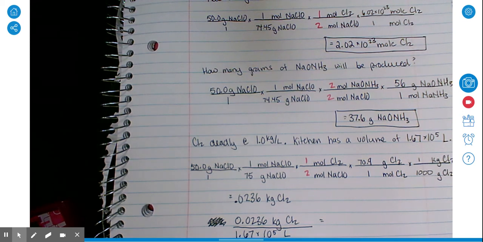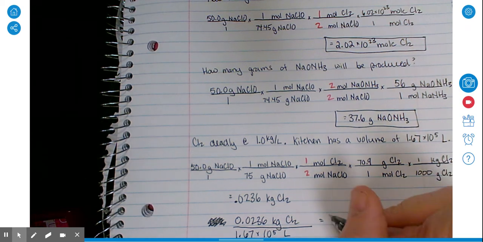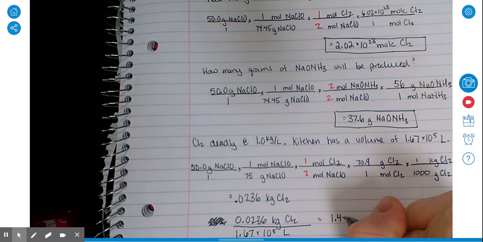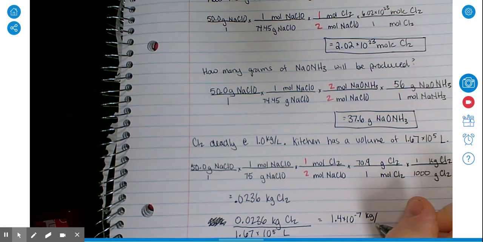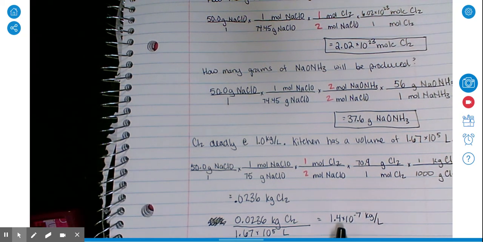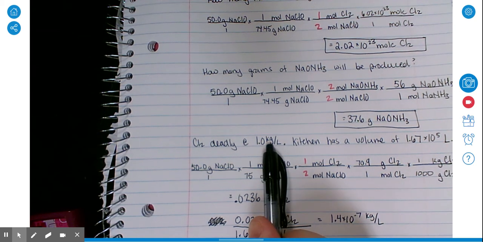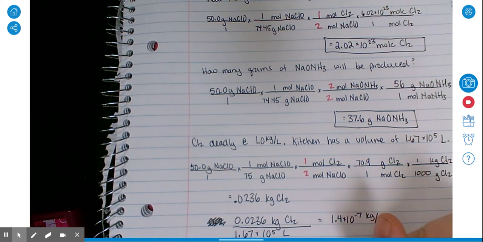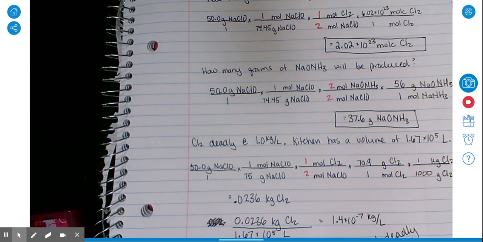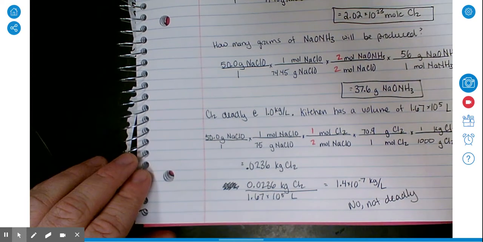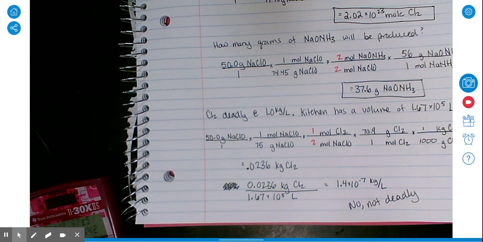So this number divided by 1.67 times 10 to the 5th, and you get a very, very small number, 1.4 times 10 to the negative 7th kilograms per liter. Now, 1.4 times 10 to the negative 7th, much smaller than 1.0. So the answer would be no. This would not be a deadly combination given the concentration of gas produced and given the mass of gas produced and given the volume of your kitchen.